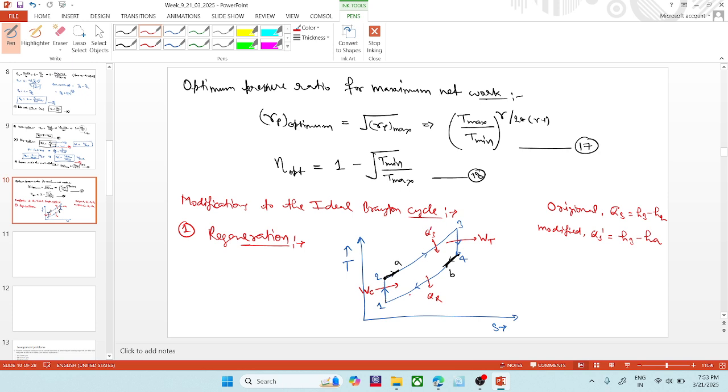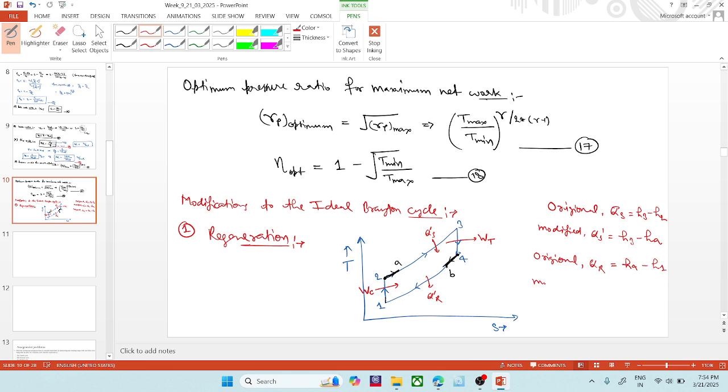This is my modified heat supplied. Now the original heat rejected QR was H4 minus H1.